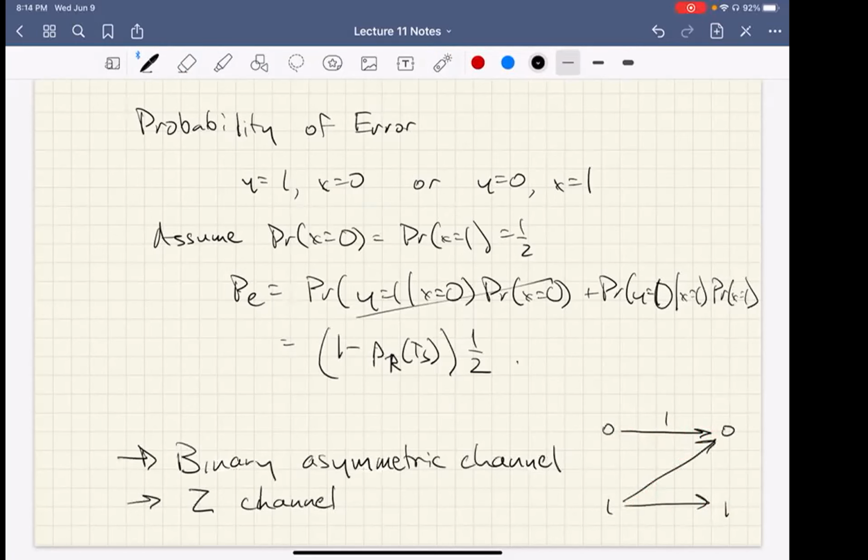This is 1 minus PRTS. This is PRTS. So analysis of the Z channel is fairly simple, as you've seen. I just wanted to go through the example to make clear that these systems aren't hard to analyze if you go back to first principles.